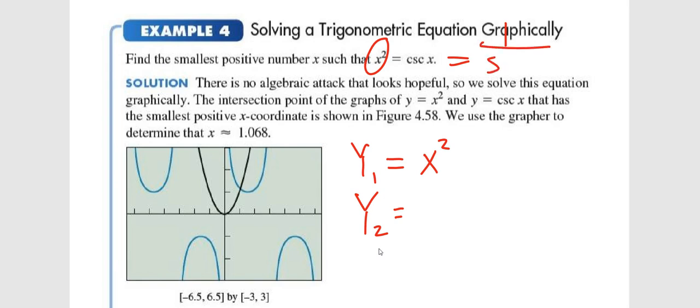Ah, there we go. 1 over the sine of x. I know that you said sine of 1 over x. That was not true, but this is. So I'm typing 1 divided by sine x.